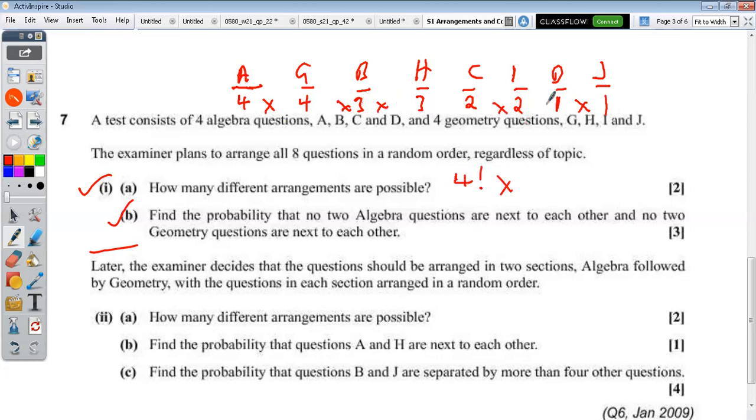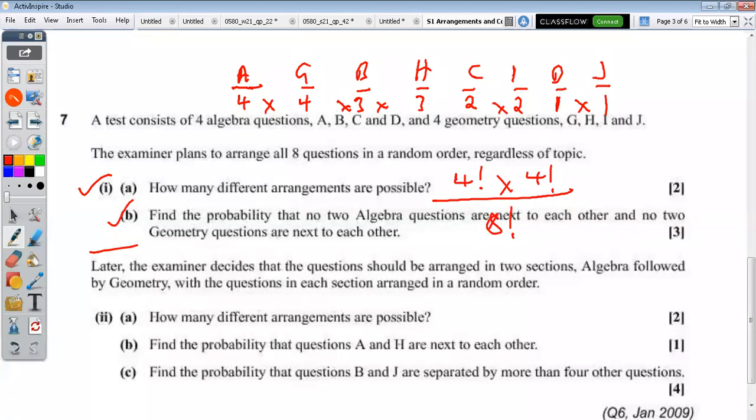Multiply by 4 times 3 times 2 times 1 is also 4 factorial. Clear? Divided by your 8 factorial here, since there was a random order. Yes. Okay. Which gives you 1/70.